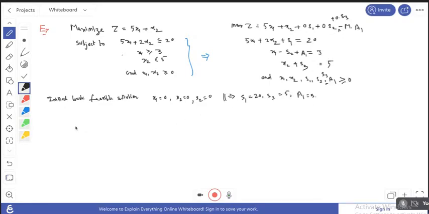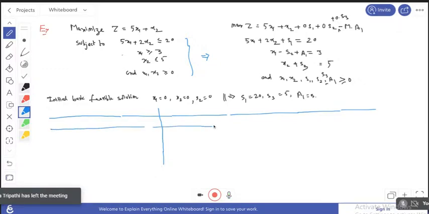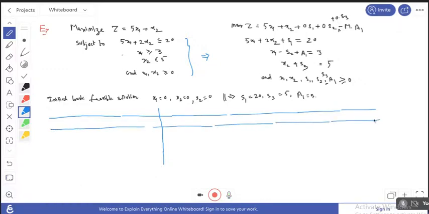Now we draw the initial table of this problem, and you solve it using the same concept. Here this is Cj, and B is the solution values of the basic variables. The variables are x1, x2, s1, s2, s3, and one artificial variable.